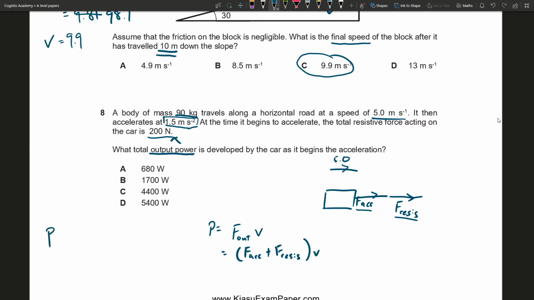So our power output is equal to 90 kilograms times 1.5 meters per second squared plus 200 newtons, times 5.0. Putting that into our calculators, that gives us 1700 to 2 significant figures, so our answer is B.